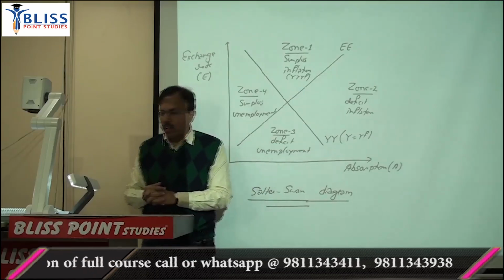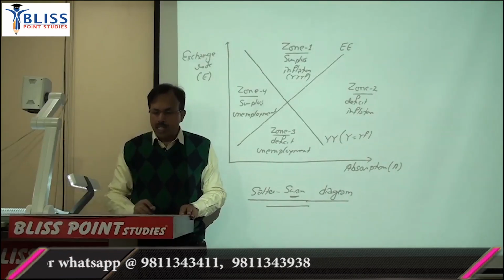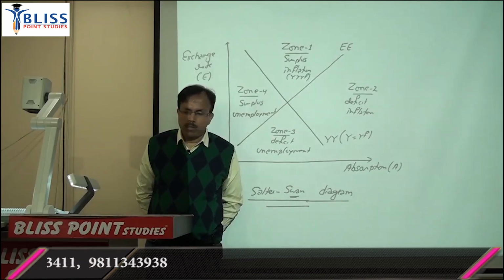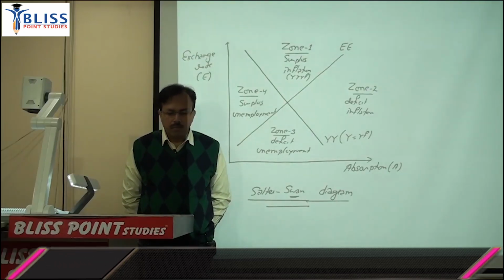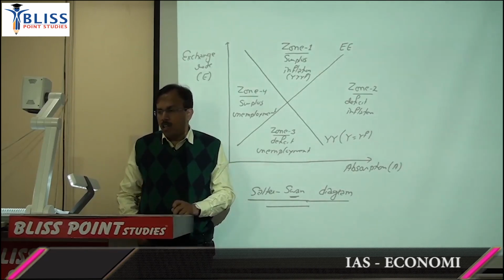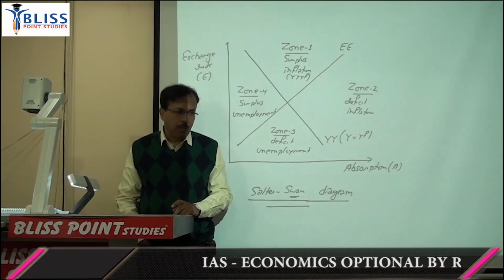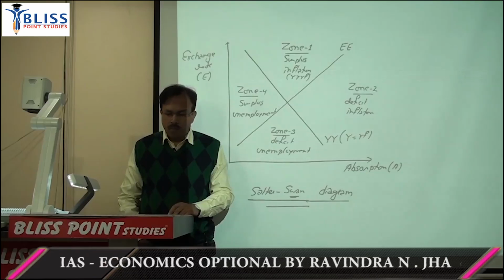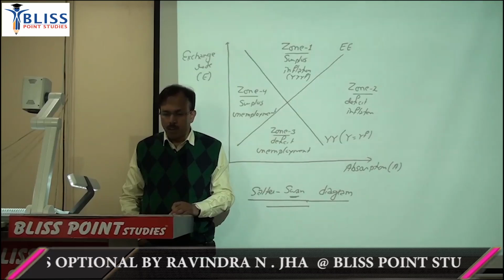Next paragraph. In Swan diagram, we take exchange rate on vertical axis, and domestic expenditure, within bracket absorption, on horizontal axis.